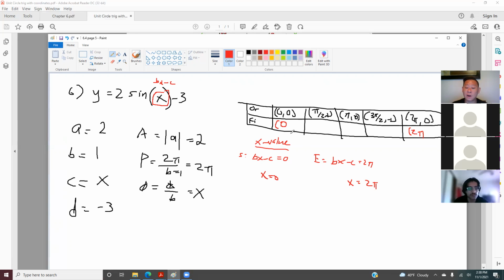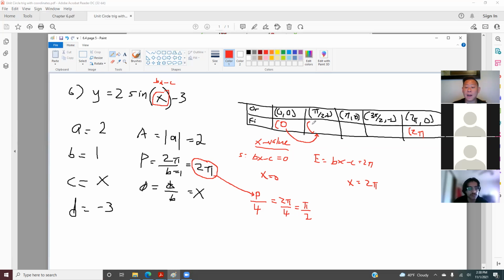And then in order for us to figure out what we add on to it, we take the period divided by 4. Looking at our period that we found early on, which is 2 pi divided by 4, this is pi over 2. So we have to add pi over 2 for every single one of these.